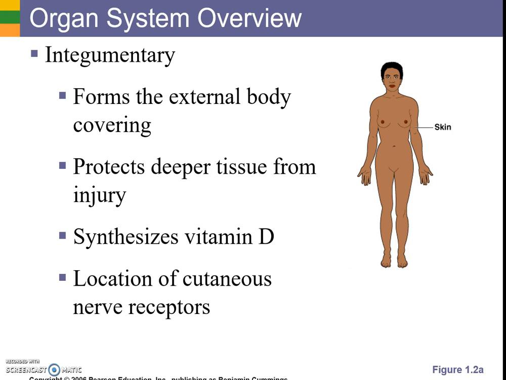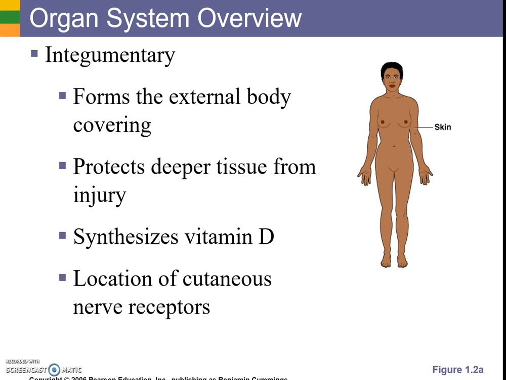Now, what does this do for us? Well, obviously, it protects us by covering us. It actually works as part of our immunity, preventing things from our external world from just going internally very easily; it forms this barrier. It's also our largest sensory organ because there are nerve endings in there that help us detect a lot of stimuli, a lot of information from the outside world.